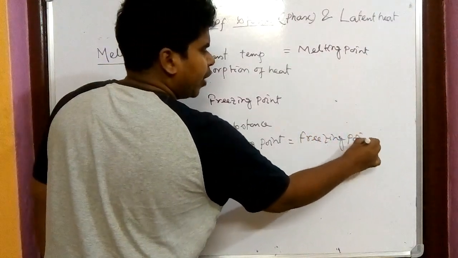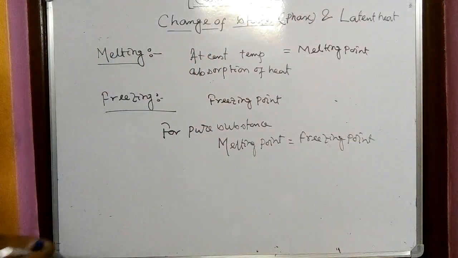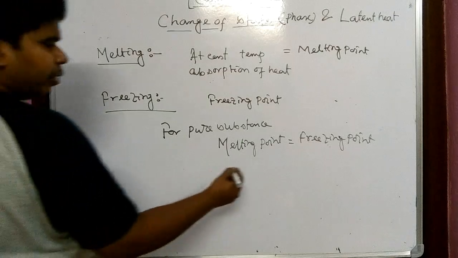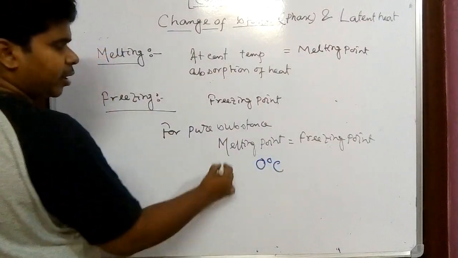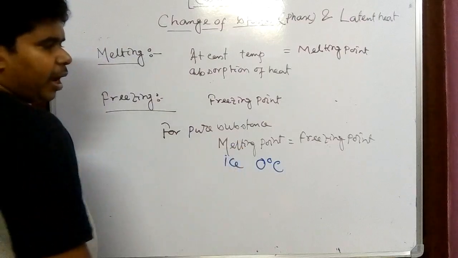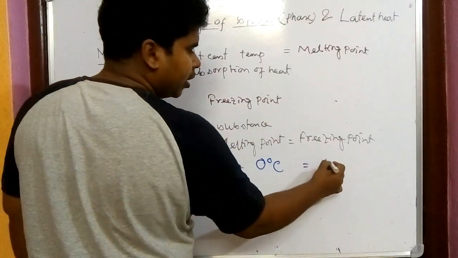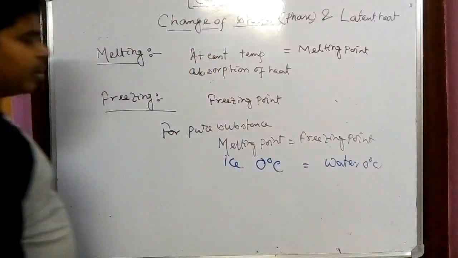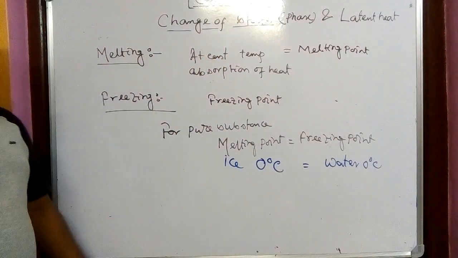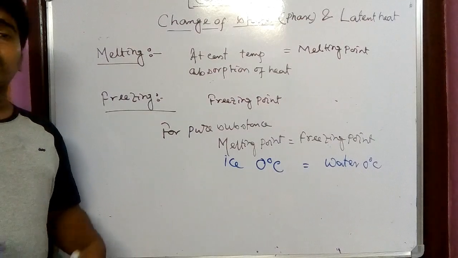For example, if I am talking about ice, its melting point is 0 degree centigrade, and the freezing point of water is also 0 degree centigrade. So for a pure substance, melting point and freezing point are equal.